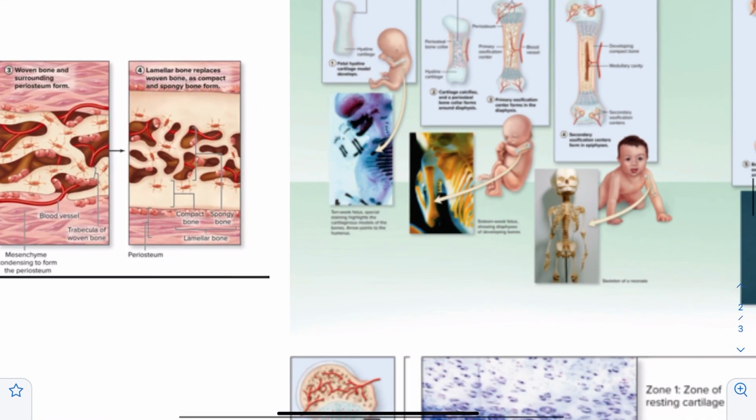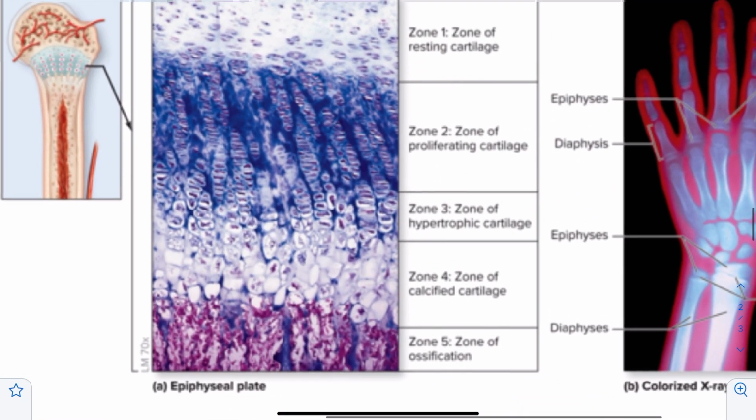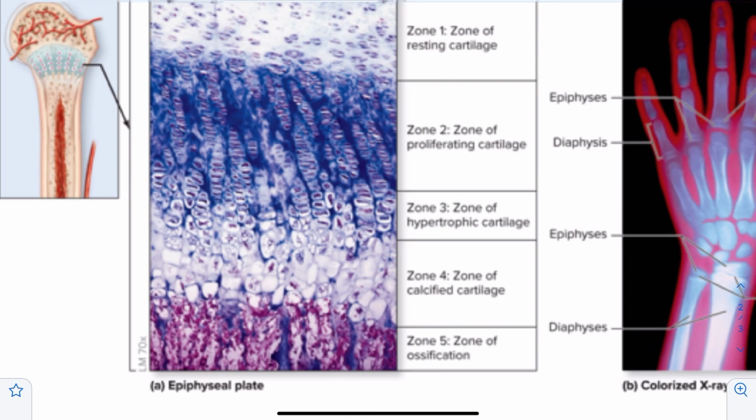And if you zoom in on the growth plate or the epiphyseal plate, you can see the way that the cells migrate through and how they slowly turn from resting cartilage to growing cartilage to bone cells eventually. And that's how the bone is going to grow from these epiphyseal plates.